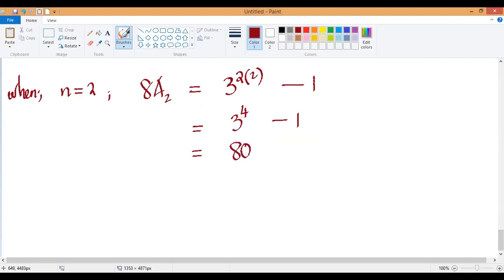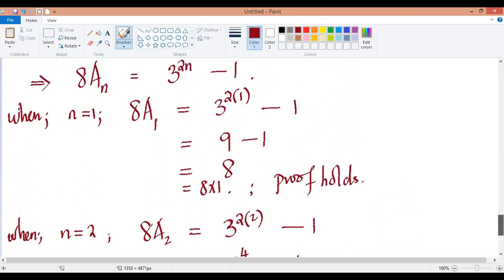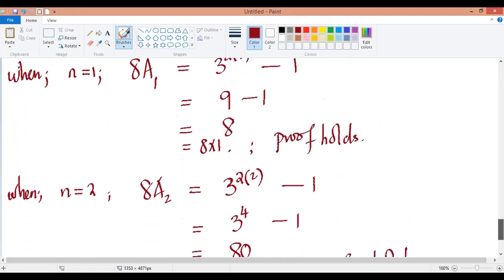Because 3 to power 4 is 81, take off 1, you get 80. So can I write 80 as a multiple of 8 to confirm that it's divisible by 8? It will be 8 times 10, which is enough to confirm that the proof holds again. Are we together at that level of checking whether the expression we are given is divisible by 8?